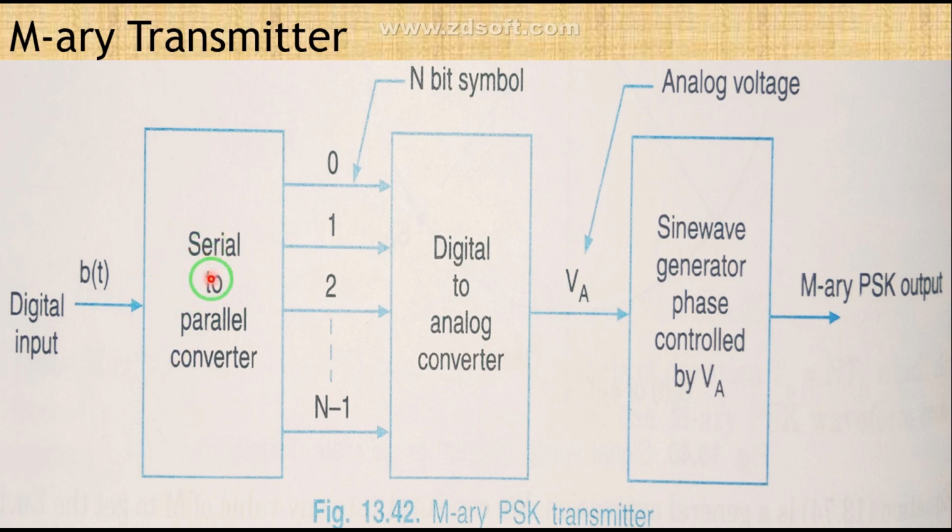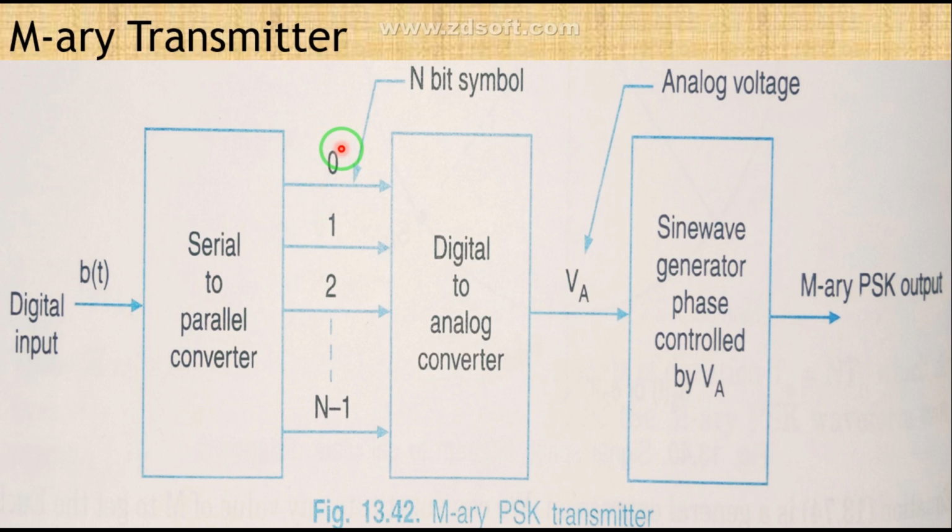Then all these bits are presented at once on the n output lines of the converter. Since one symbol consists of n bits, after getting the n bits serially, this block makes all the bits available in parallel at the output, right?